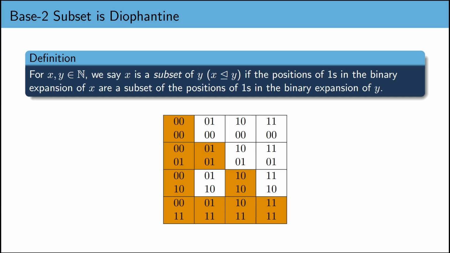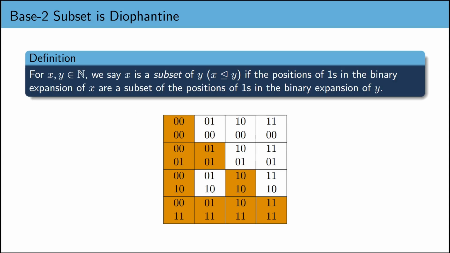And I've highlighted each cell where the x-coordinate is a binary subset of the y-coordinate. For instance, this cell here is highlighted because the binary digits of 2, that is 1, 0, form a subset of the binary digits of 3, that is 1, 1.